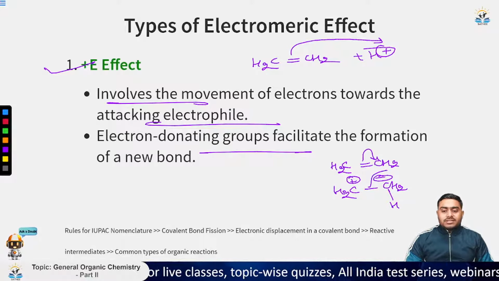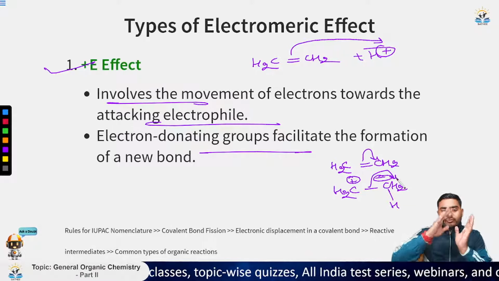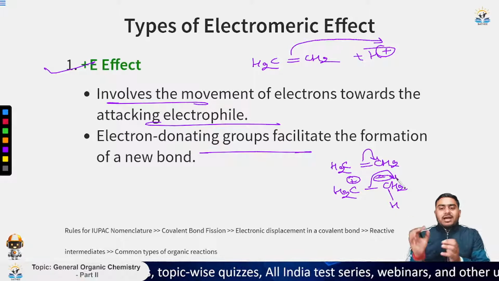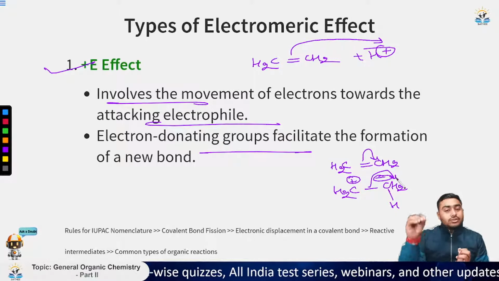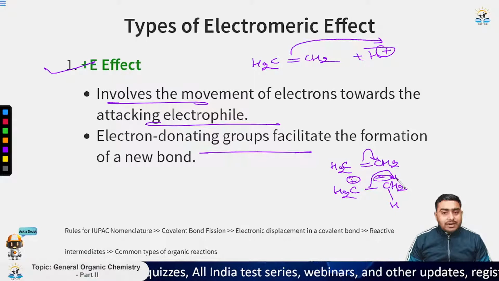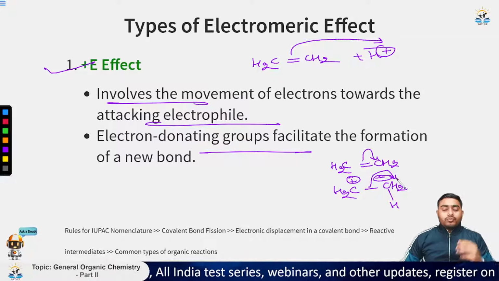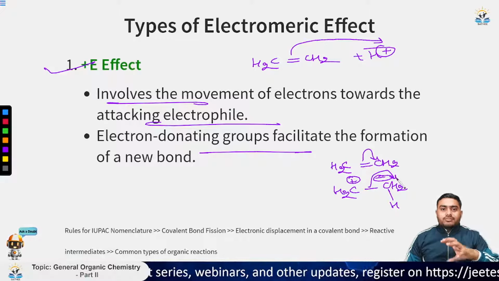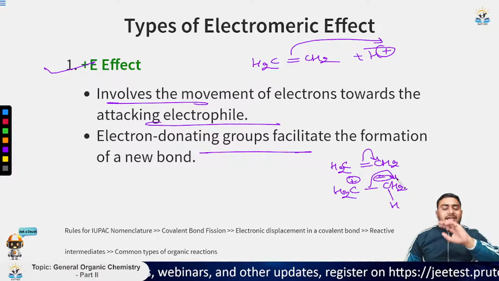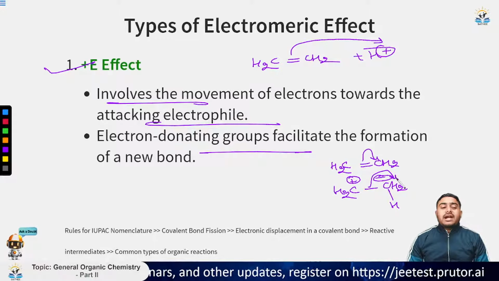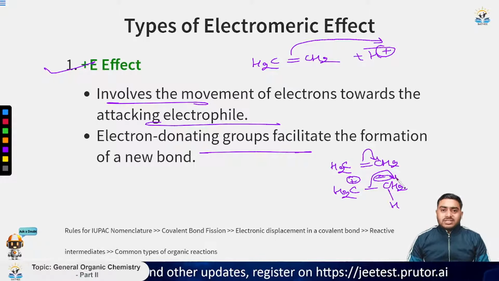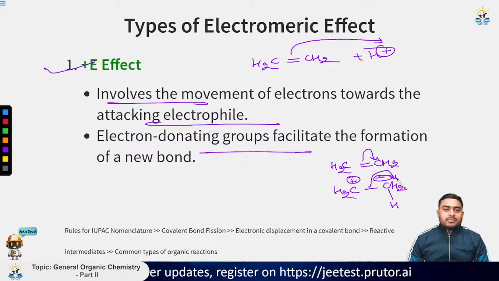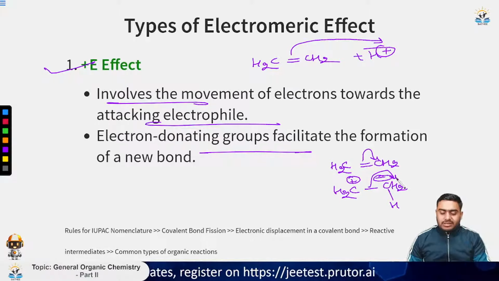So electron density is moving from the center to the right side, and the electrophile is also attaching to that particular carbon which is getting the electron density. If the electron density moves and the electrophile attaches to the same atom, that is the plus effect, like this.